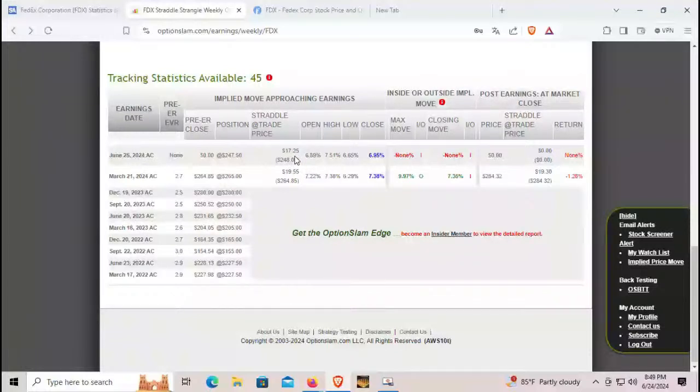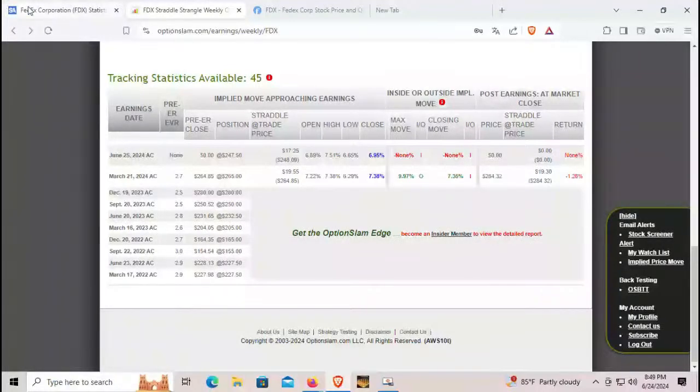They probably posted this a little too early, probably last week or over the weekend. I don't know why they picked the 248. They're saying the price right now is 17.25. So they're expecting 6.95 for the movement of the earnings. So you see how it goes.